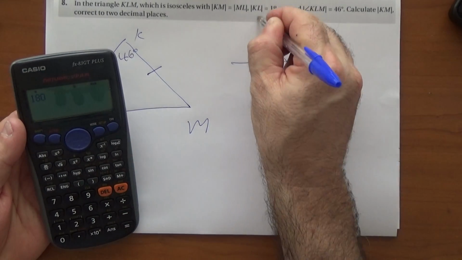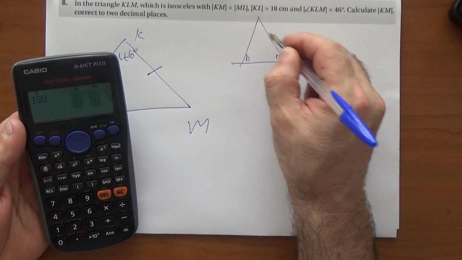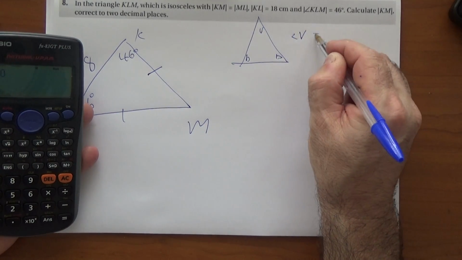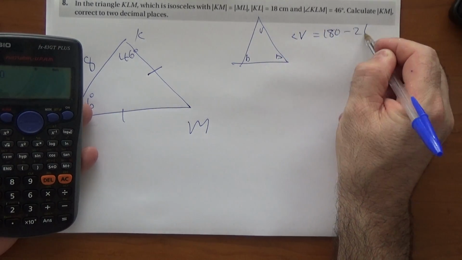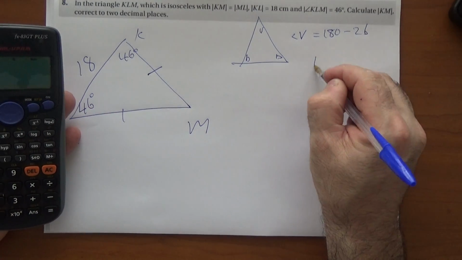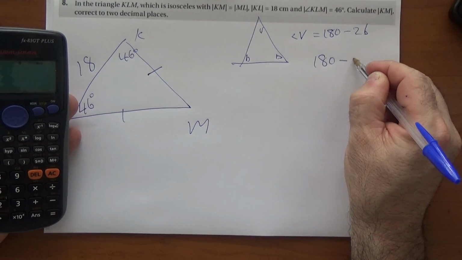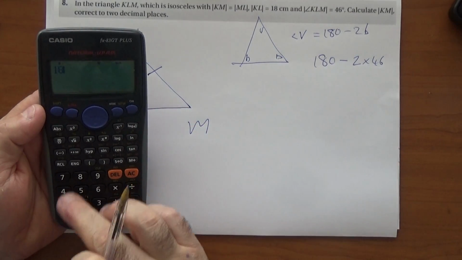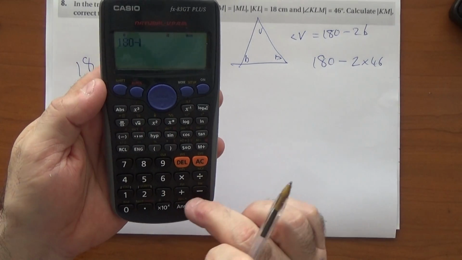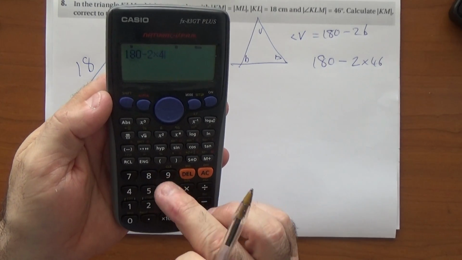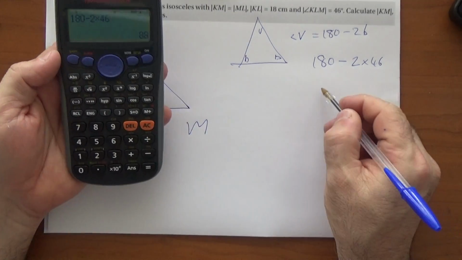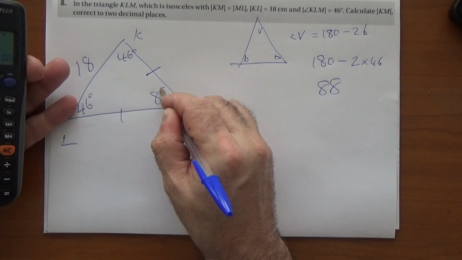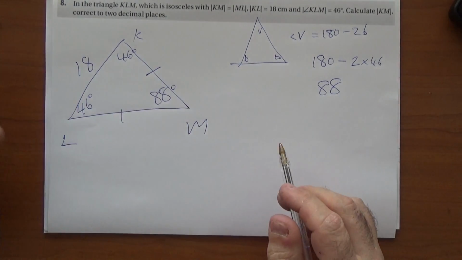And let's just write a general situation here. We have a base angle and a vertex angle. So if you're getting the vertex angle, it's equal to 180 minus twice the base angle. So we're going to go 180 minus 2 by 46, okay, is 88 degrees. Now they all add up to 180, like they should.